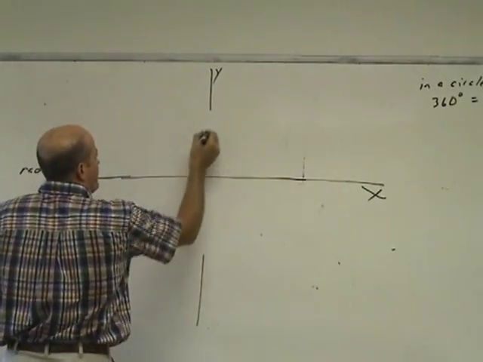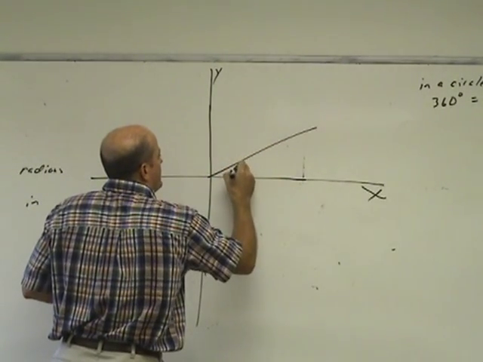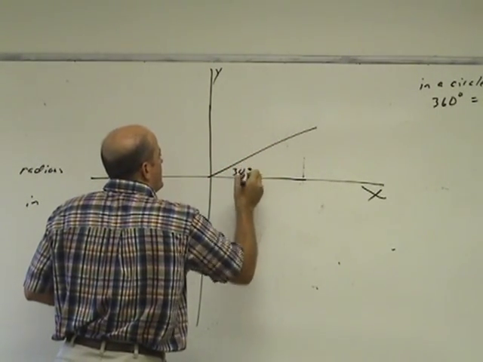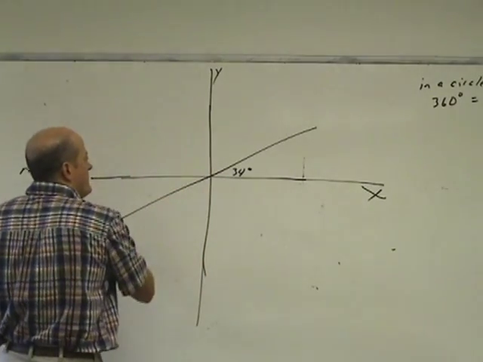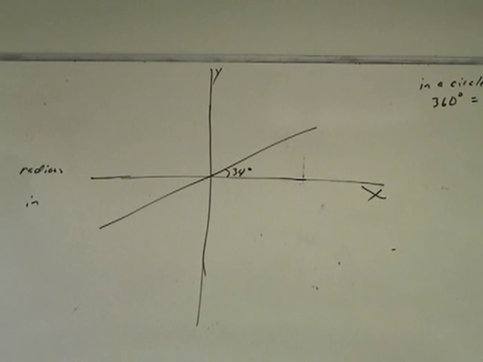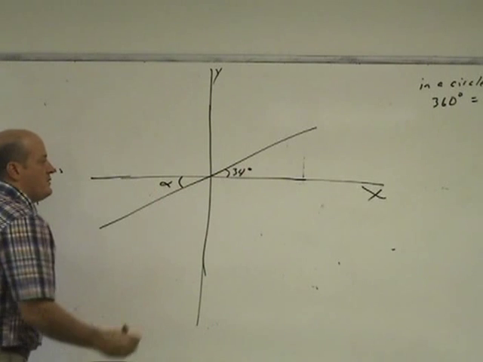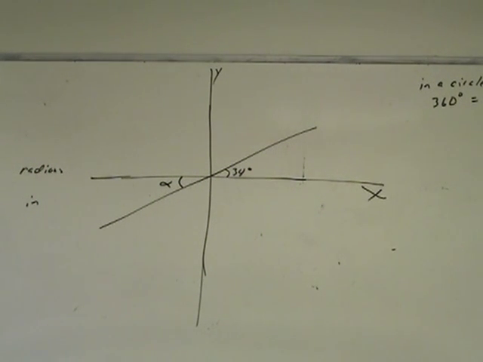Let's do a little more here, basic. Okay, so we've got this angle here, 34 degrees. What's the angle alpha there? 34. You've got two lines across.